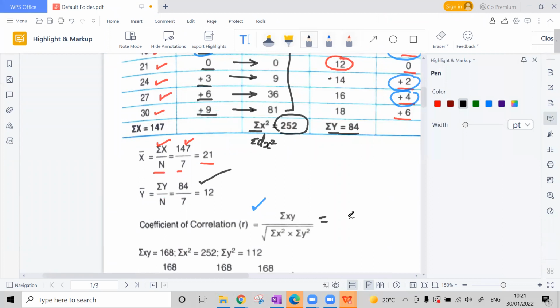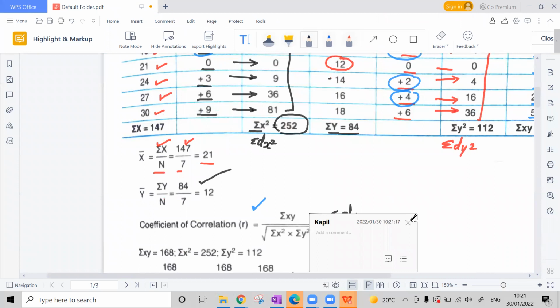It is summation of dx dy divided by the square root of summation of dx square into summation of dy square. Note down, everyone, beta.